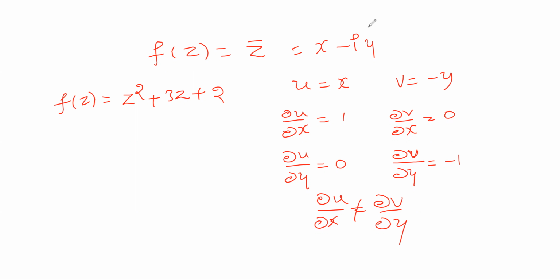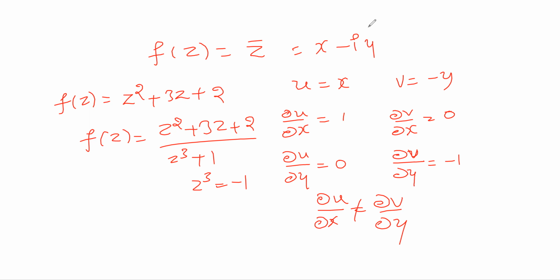In case you take a rational function, f of z equals z square plus 3z plus 2 divided by z cube plus 1, the function will be analytic everywhere except at the zeros of the denominator. The zeros of the denominator mean z cube equals minus 1. Except at those values, everywhere in the complex plane the function will be analytic.